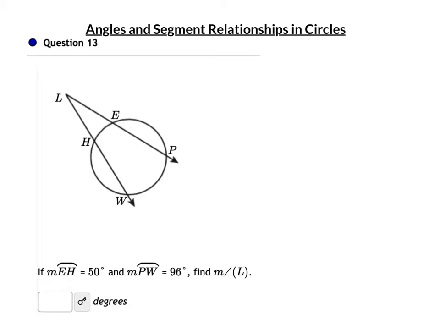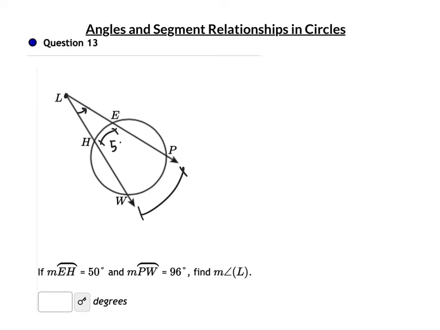Question 13. When we have two secants from a point that pass through a circle, the angle formed is half the difference of the two arcs. We take the big arc minus the small arc and divide by 2. Notice this is not the average.